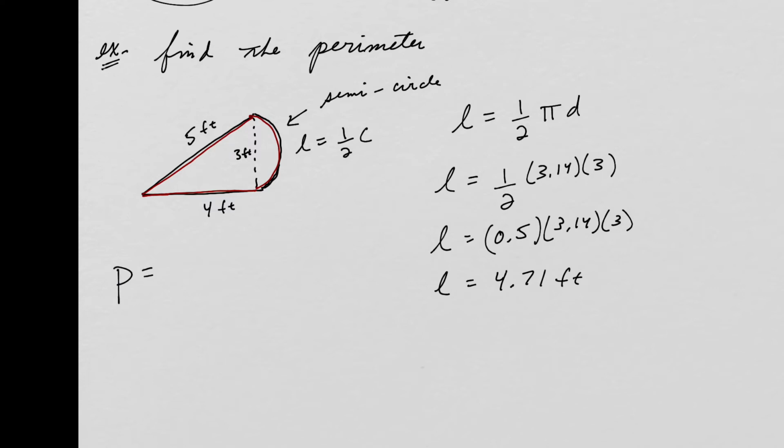So now the perimeter is going to be this length, 5 feet, plus half of the circumference here, right, for the semicircle. That's the 4.71 that we just found, plus 4. Right, so it's going to be 5 plus 4.71 plus 4.